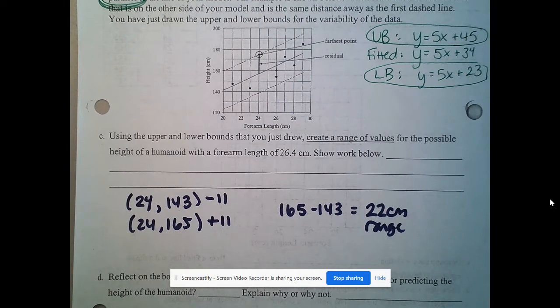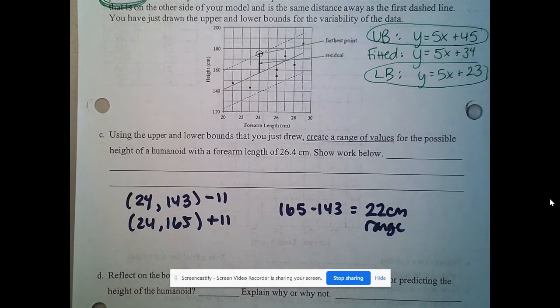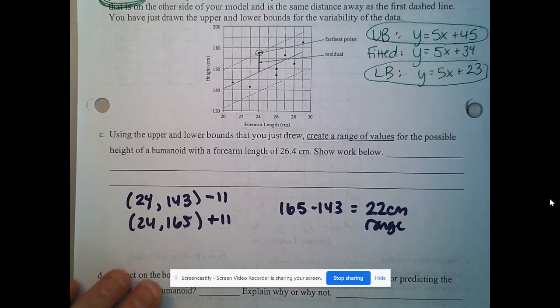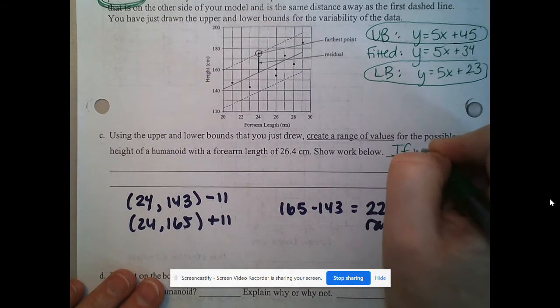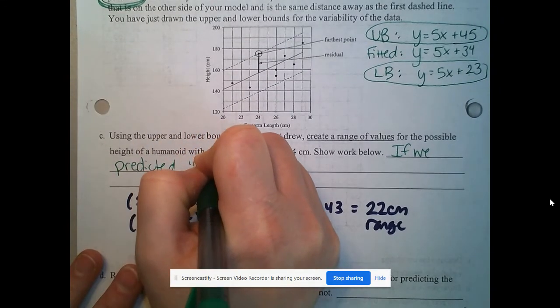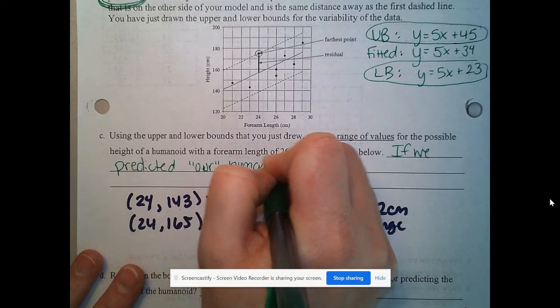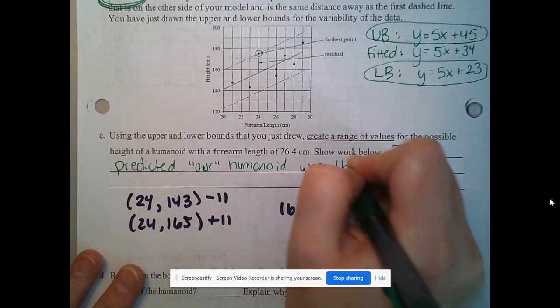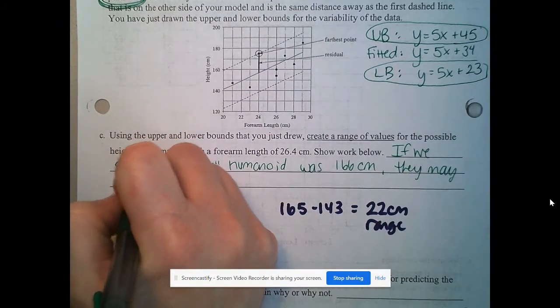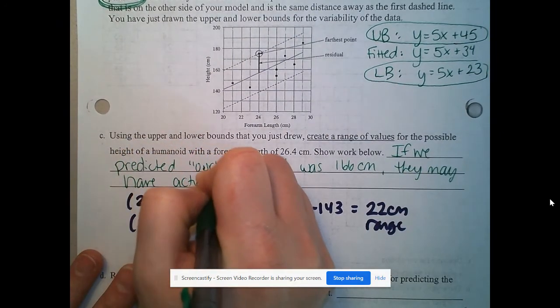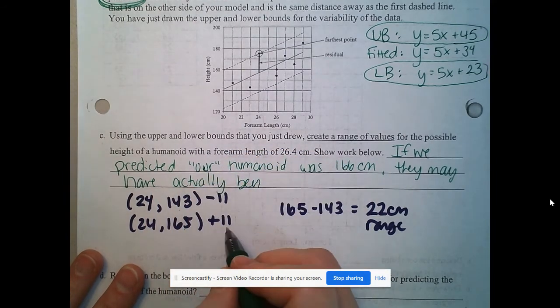All right, I think the height of the prediction needs to be within 11. Okay, so the last piece that I need to wrap up on that is if our humanoid prediction was 166 centimeters, they may have actually been 11 higher or 11 lower.